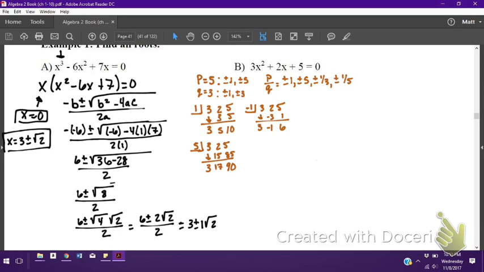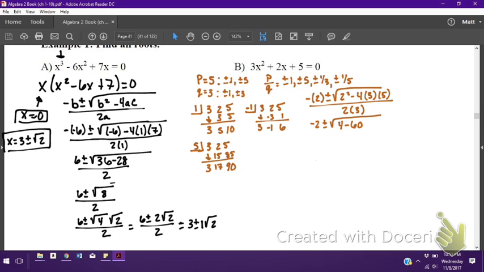So if I tried negative b, which is negative 2, plus or minus the square root of 2 squared minus 4 times a times c, all over 2a, which is 3, I'm going to get negative 2 plus or minus 2 squared is 4. Well, 4 times 5 is 20. 20 times 3 is 60.